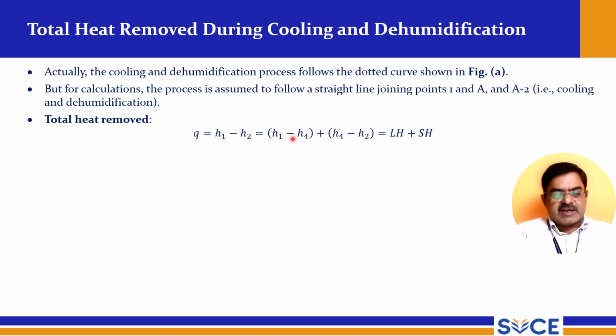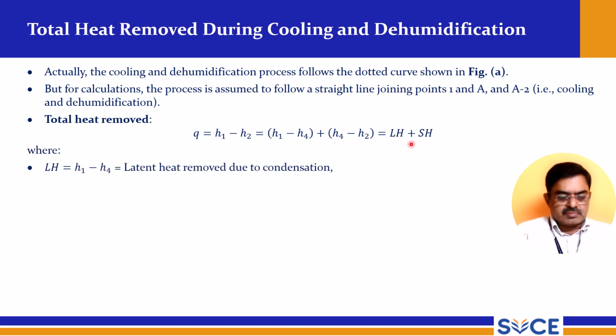The total heat removed is Q equals H1 minus H2, that is H1 minus H4 plus H4 minus H2, which is latent heat plus sensible heat. So LH, latent heat, is equal to H1 minus H4, and SH equals H4 minus H2, that is the sensible heat removed.